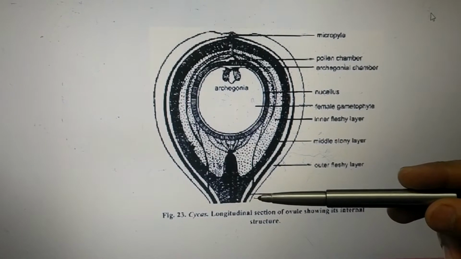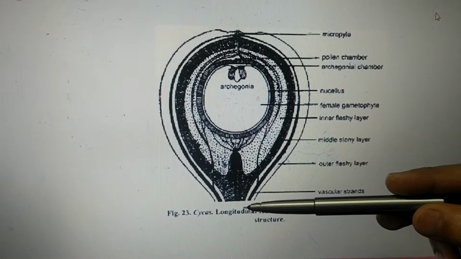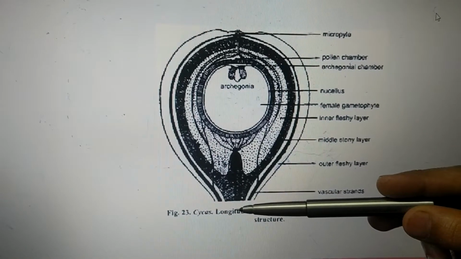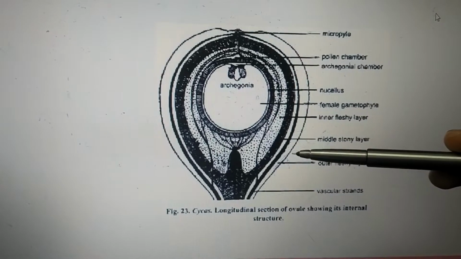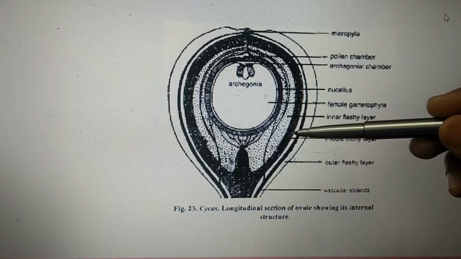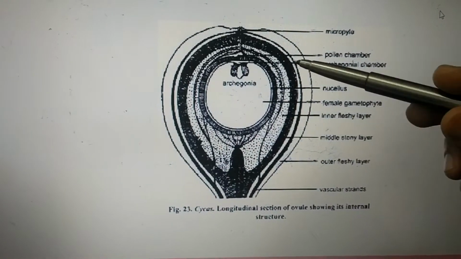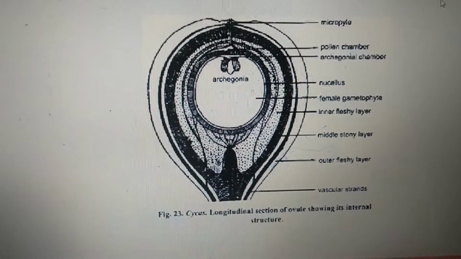And we have the vascular supply. Vascular bundles enter from the chalaza end and divide themselves. One will enter the outer layer, another the innermost layer, whereas the middle is stony, so the stony area won't have any supply from the vascular strands.